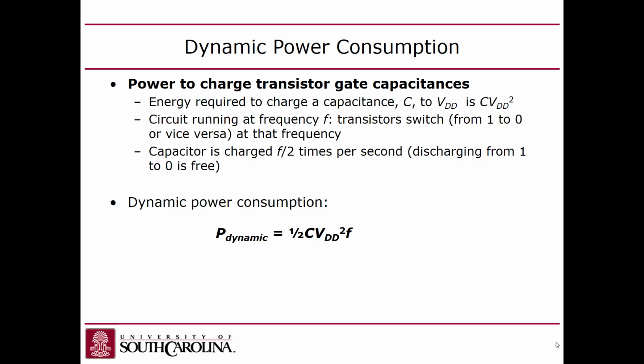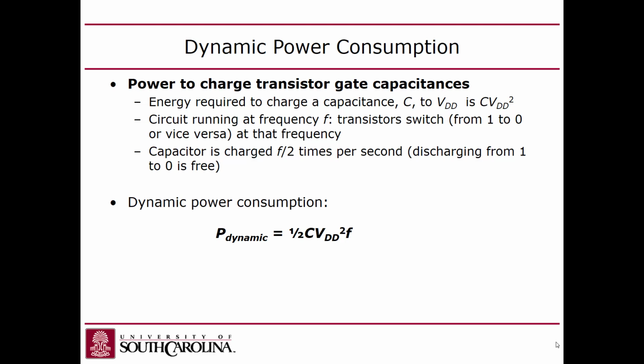It's essentially how much metal you're trying to charge: the surface area of the gates, which serve as the inputs of the transistors, as well as all the wires. VDD is the power supply voltage, and the frequency is the frequency at which you're switching.